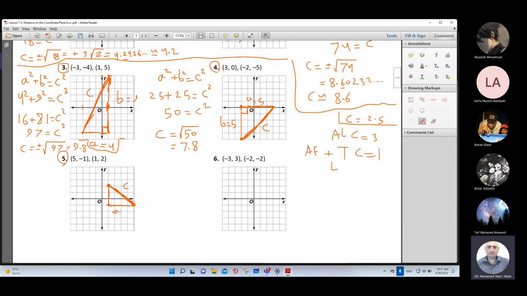So A equals 4. And here 1, 2, 3. So B equals 3. Try to find C. Okay.